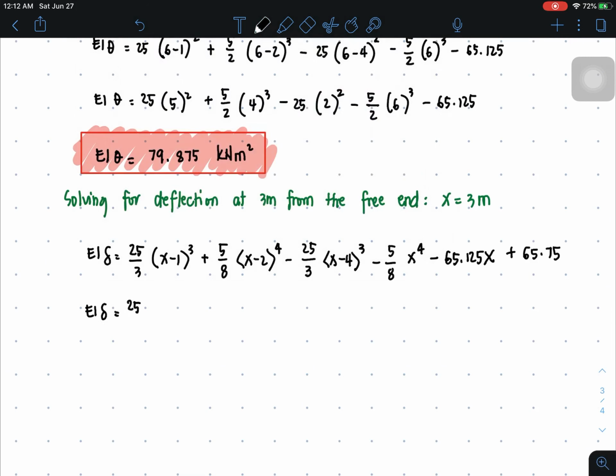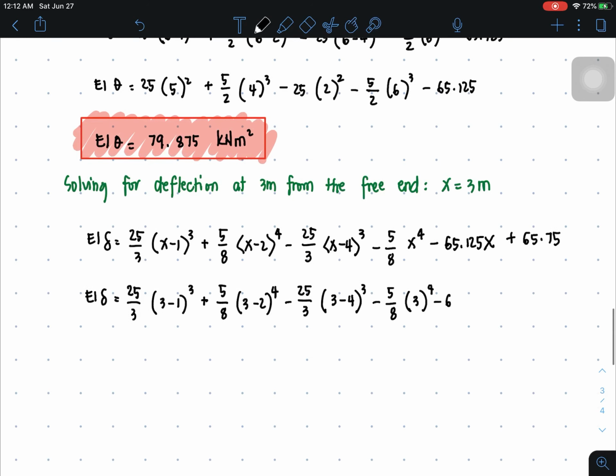Okay, so executing, you have EI deflection equal to 25 over 3. Then this is 3 minus 1 cube plus 5 over 8. Then 3 minus 2 to the 4th power minus 25 over 3. Then this is 3 minus 4 cube minus 5 over 8 times 3 to the 4th power minus 65.125 times 3 plus 65.75.